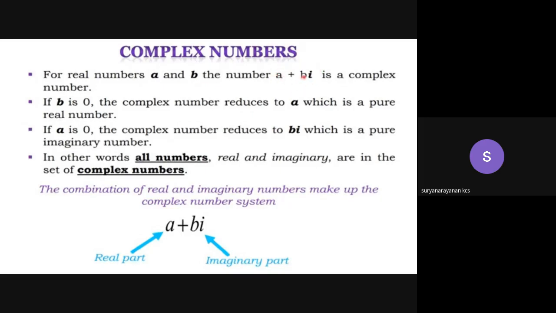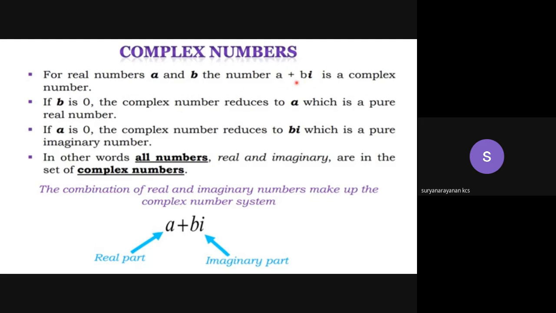If you observe this number, there are two parts. This is the first term, this is the second term. The first term is called the real part, and the second term is called the imaginary part. Remember these points, my children.